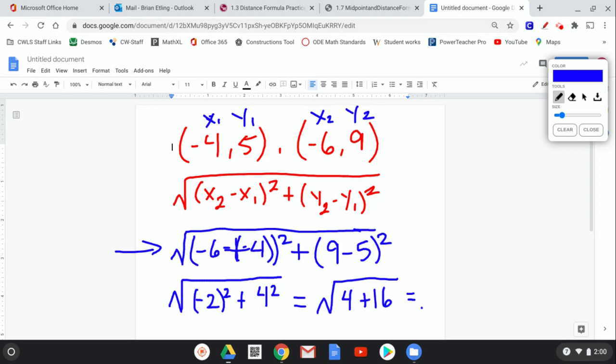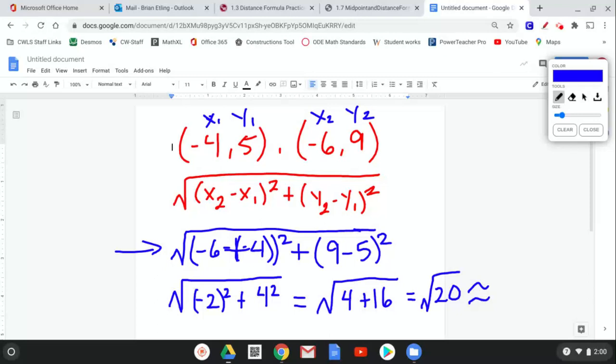And then from there, you simplify even further, it's going to be the square root of 20. Again, everything I've written in blue, you need to have on your paper. That equals the square root of 20, and when you do the square root of 20, that's where you're going to get, let me see.